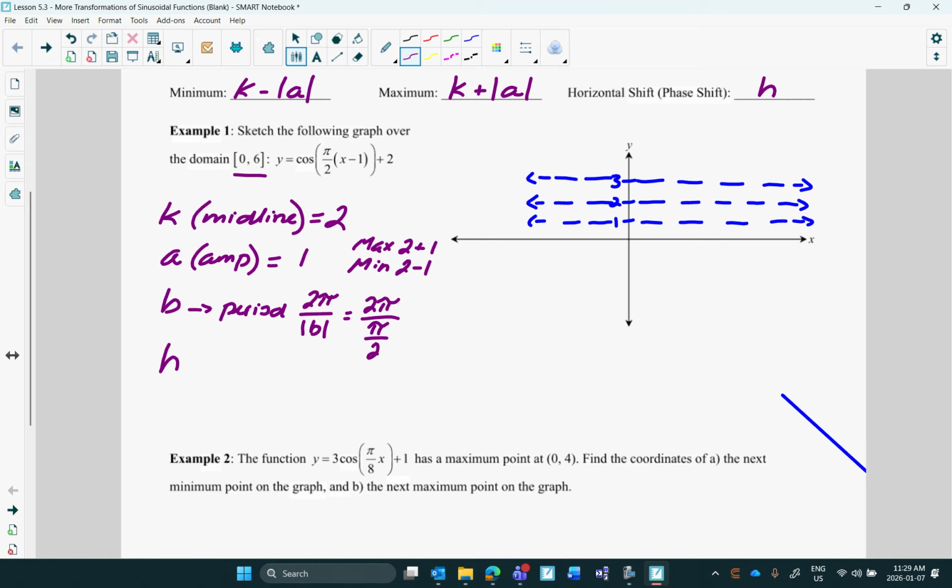Well, let's change this to a multiplication. 2 pi is the same as 2 pi over 1 times 2 over pi, so the pi's cancel. And the period's going to be 4.